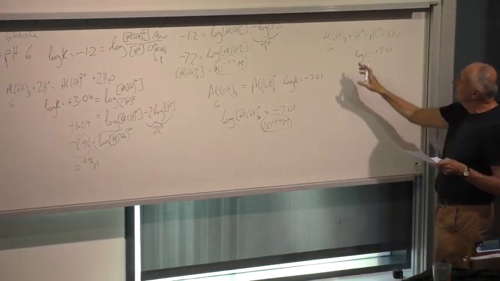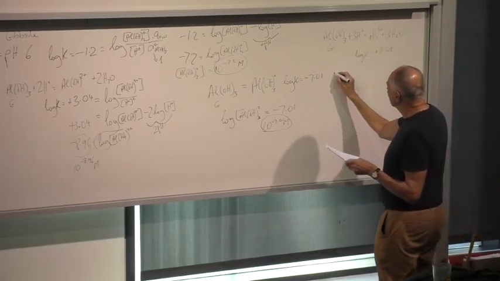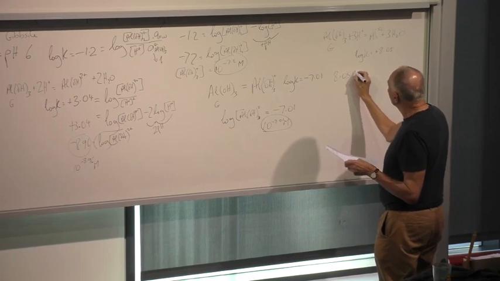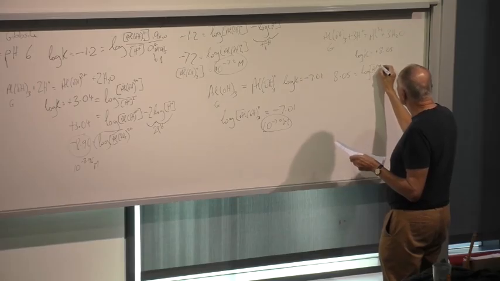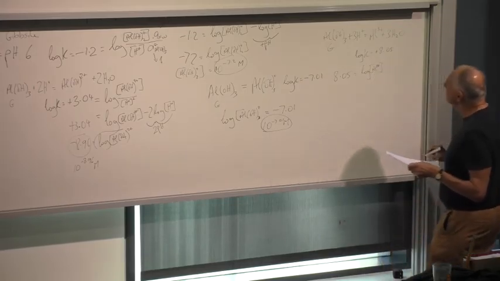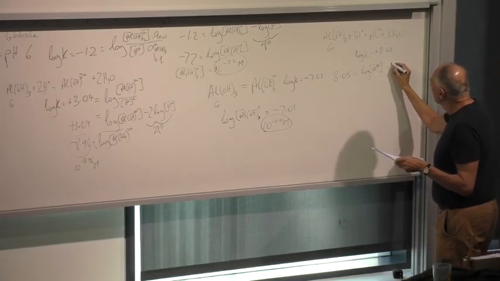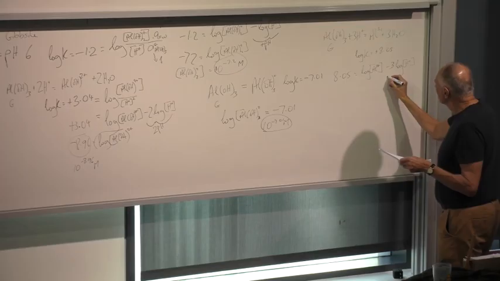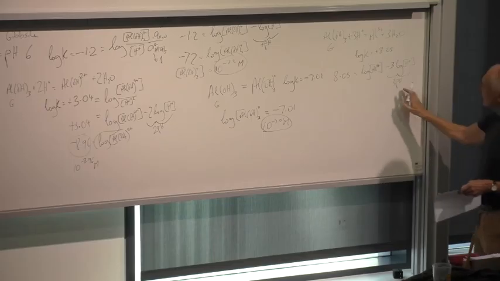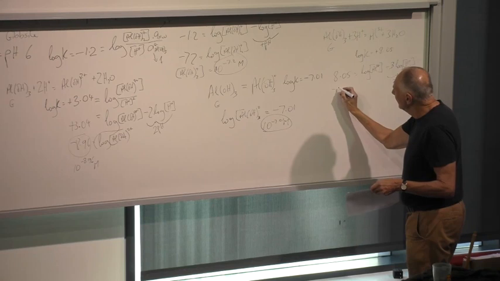We'll assume again activity 1 for water, so 8.05 is going to equal log concentration of Al3 plus minus 3 log H plus, and that of course is 3 pH. pH 6, that's 18, so that's going to be minus 9.95.